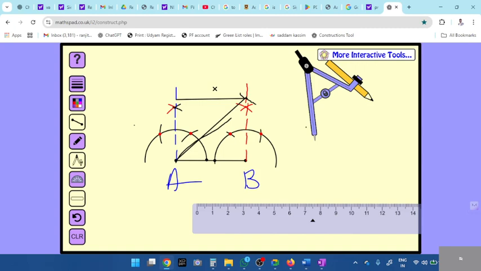Just draw two straight lines and connect it. All of you done? Response, students, completed?